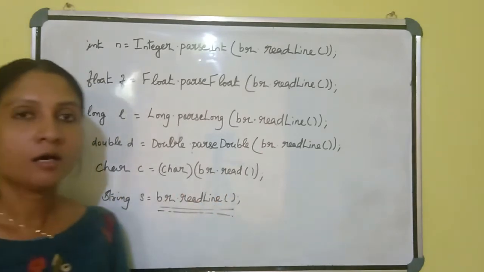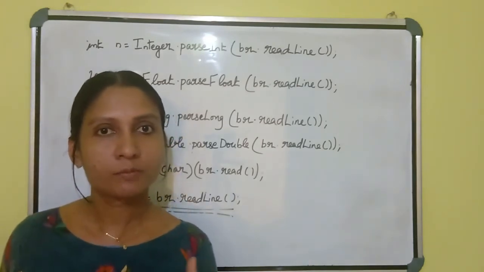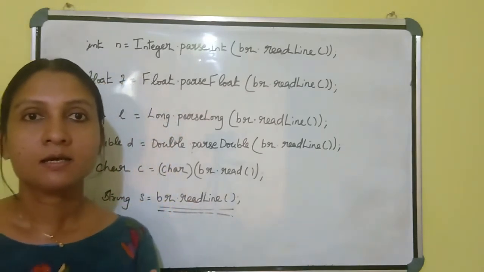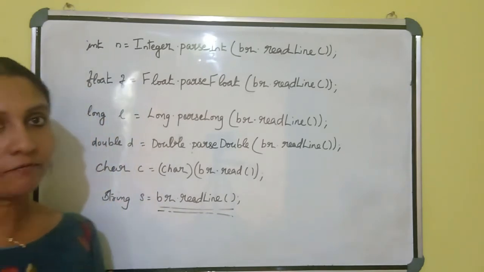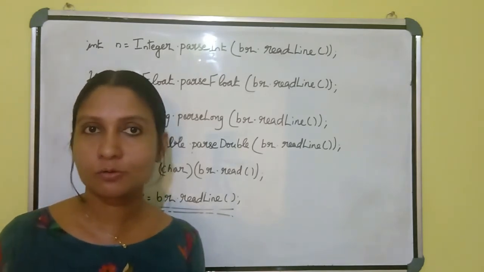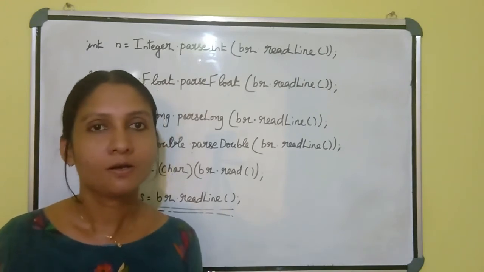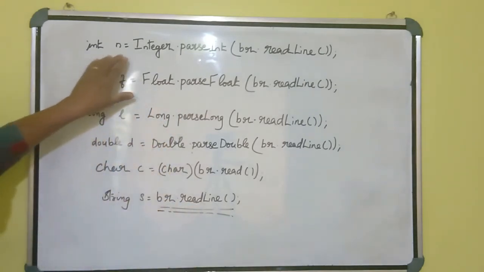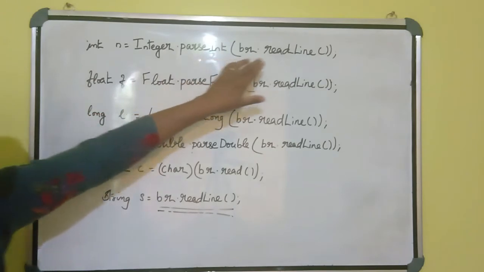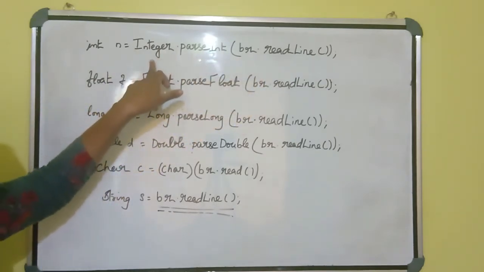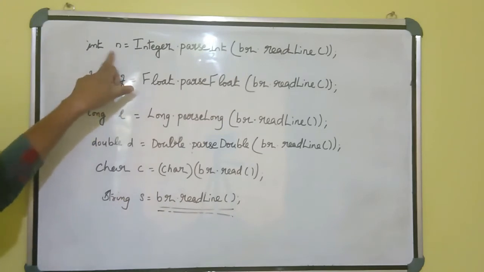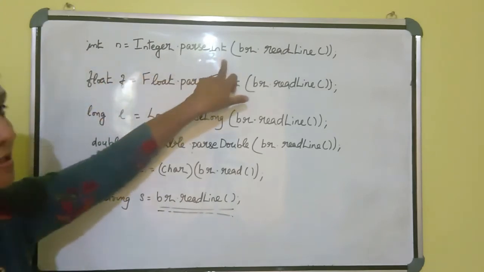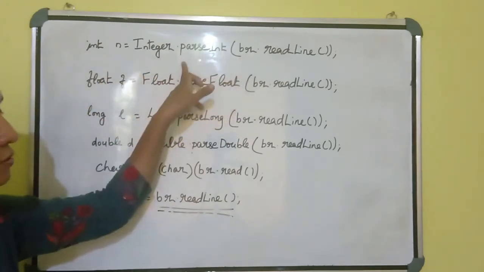We know that when you read a value from the user, it is considered a string value. After that we need to convert this string value to integer, real numbers, and so on. To convert this string value to integer, we use the Integer.parseInt function. First we declare the variable as integer, and after that we use this function to convert the string to integer.